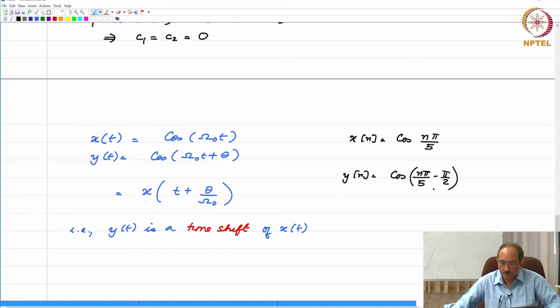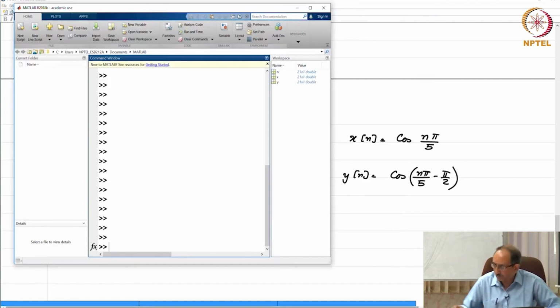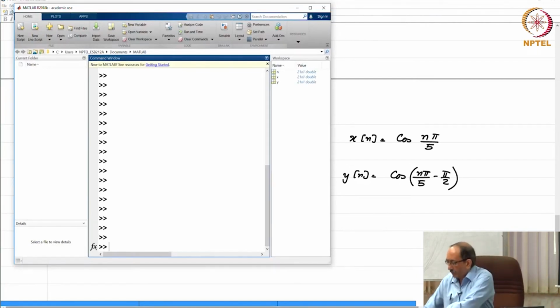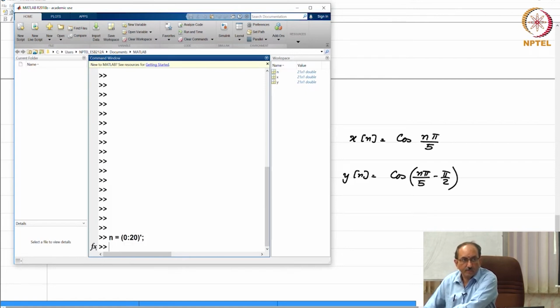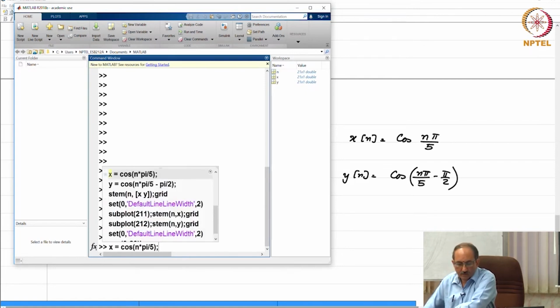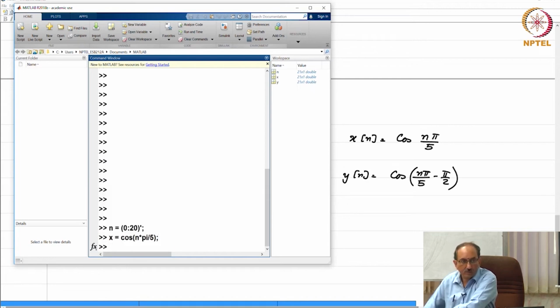Now what I am going to do is, let me plot this in MATLAB. So I am taking 20 samples here, and then x is cos n pi by 5, y is cos n pi by 5 minus pi by 2.